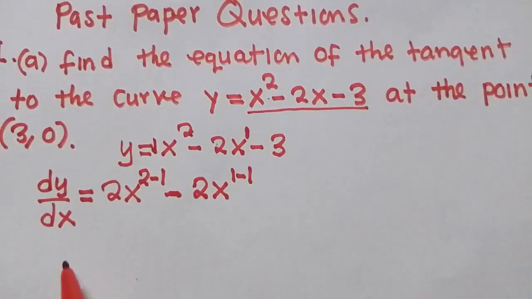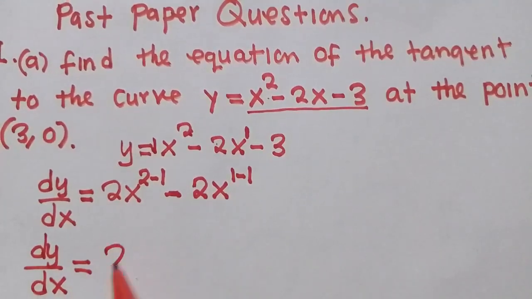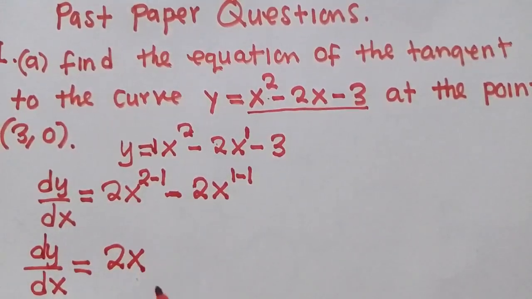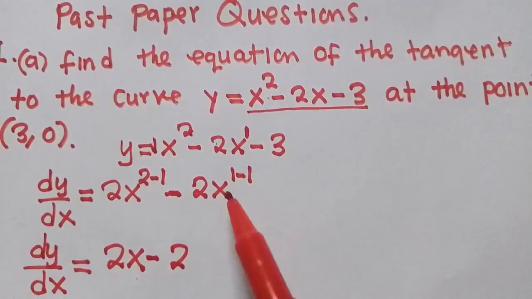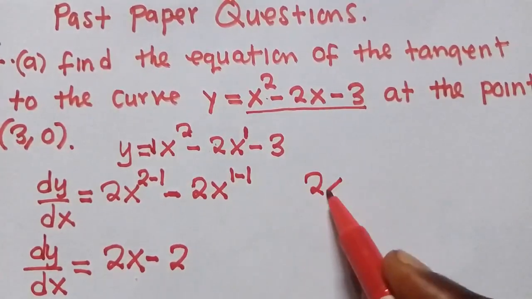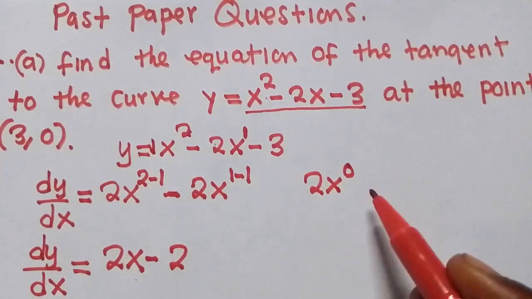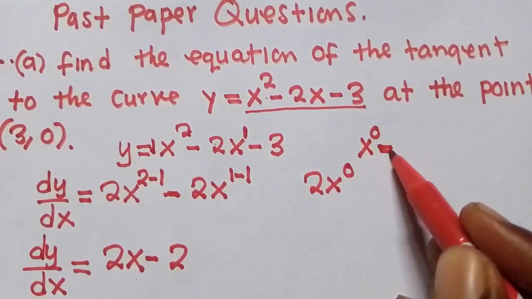Then you are going to continue and say, dy dx is equal to 2x, I'm going to have 1 there, minus 2. Hope no one is confused here. You know that you are going to have 2x to the power 0, and x power 0 is equal to 1.